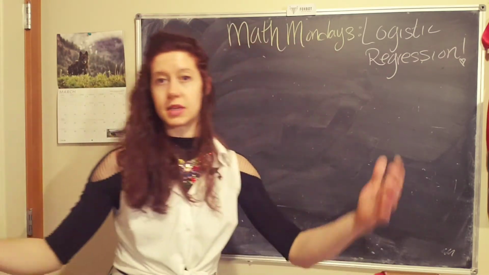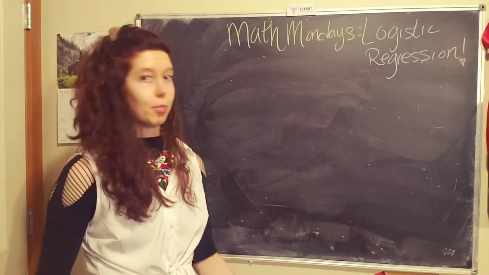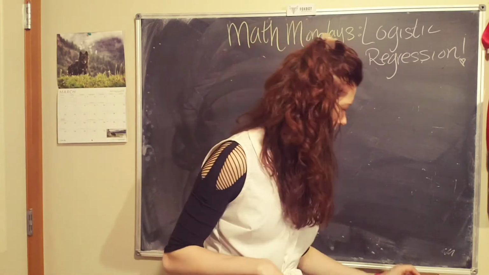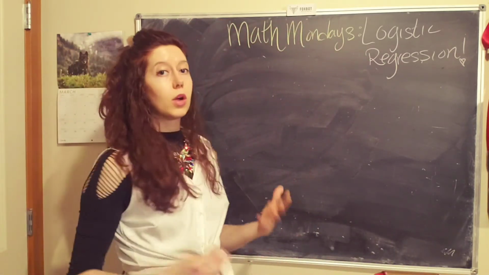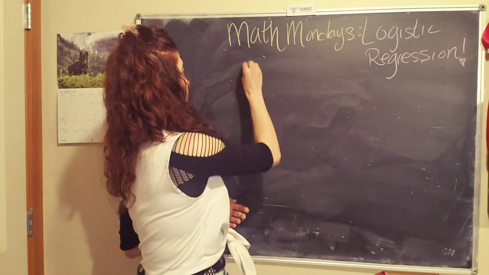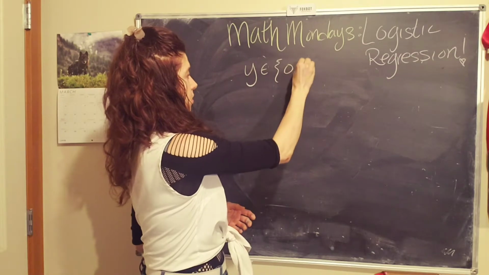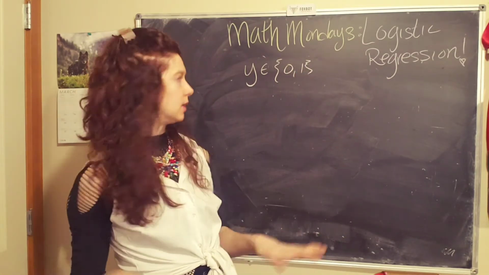So a classic binary example is 0 or 1, on or off, up or down, nothing in between. So in this case, for our classification problem, we are going to have data where it can only be 0 or 1. That's it.